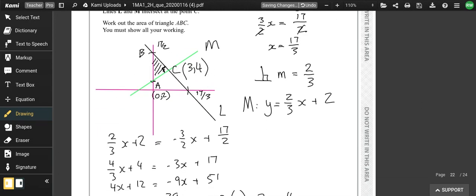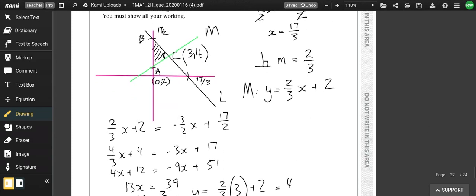Now, hopefully, we can work out the area of that triangle, because we have the perpendicular height and the perpendicular base, so the area is going to be equal to 1/2. To go from the pink line to C is a distance of 3, and the height of that would be from A to B. 17 over 2 minus 2 is 6.5.